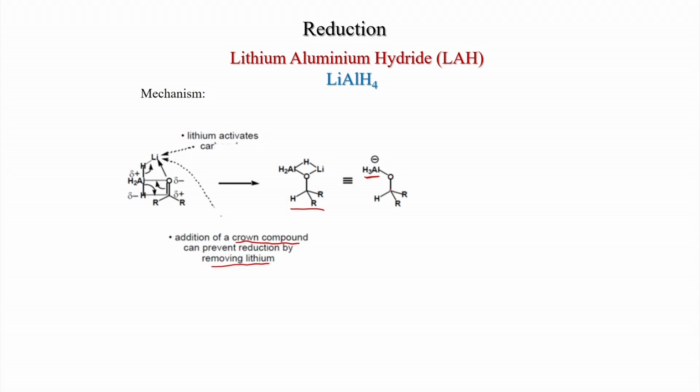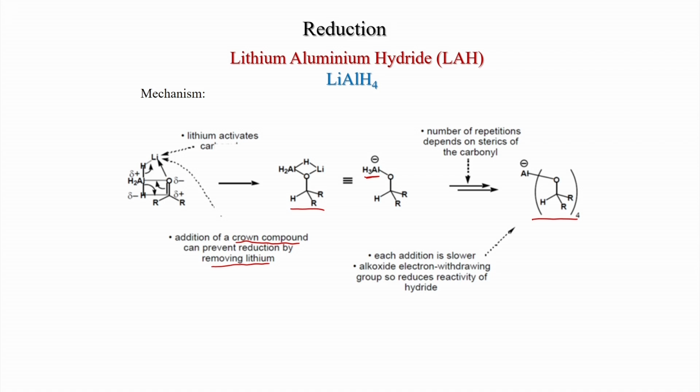Now, you can see this is also a reducing agent, there are 3 hydrides present. So, it can react with another 3 molecules of carbonyl compound, ultimately 4 molecules of carbonyl compound get reduced, and you get an alkoxide like this, where Al minus will be coordinated to 4 oxygen atoms. The number of repetitions depends on the sterics of the carbonyl group, this is important.